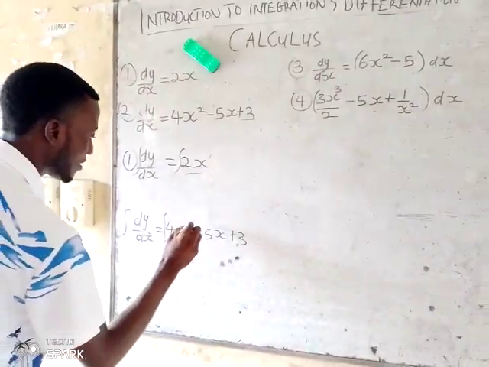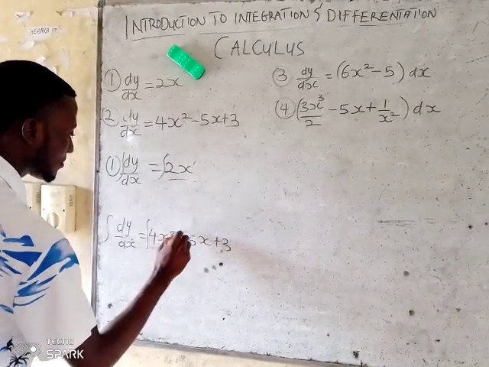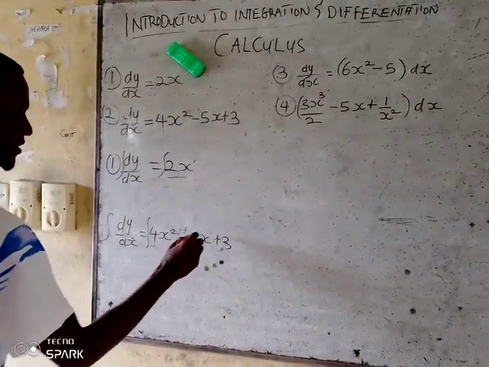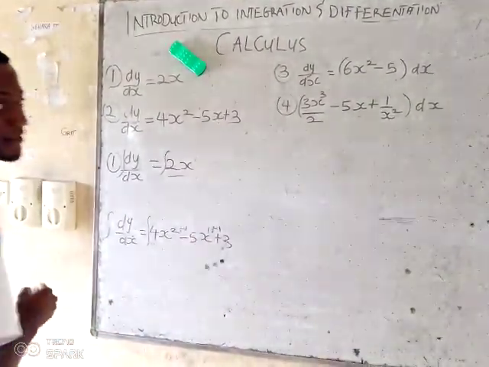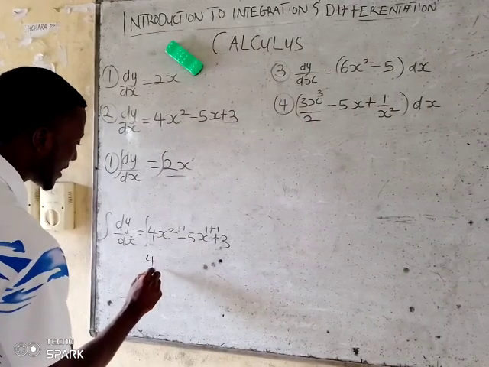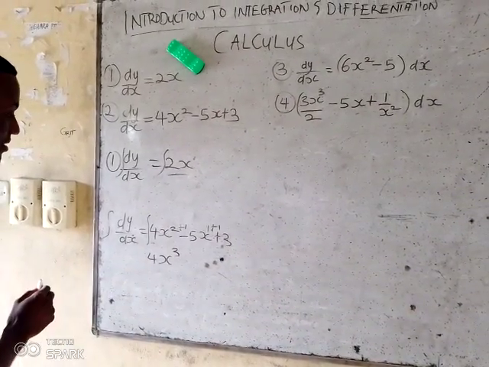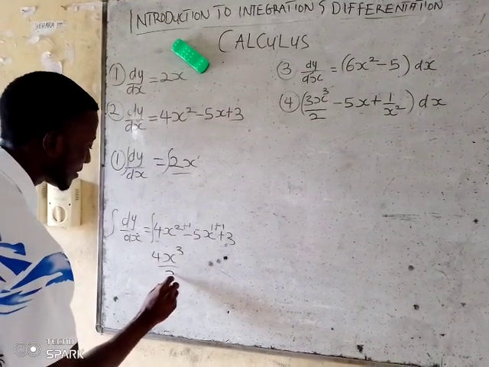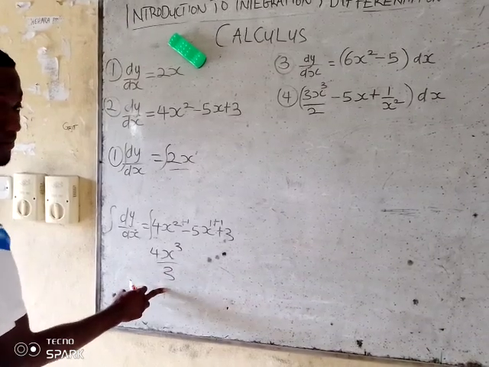Adding 1 to the power of this will give us 4s squared plus 1. This is already raised to the power of 2, then plus 1 again. So we have 4s cubed. 2 plus 1 is 3. Now divide by the new power, which is 3. 2 plus 1, 3, divided by the same 3.